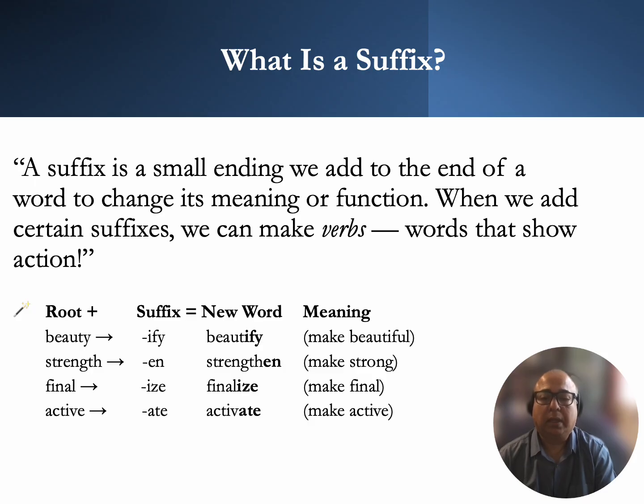Strength, another noun, and you attach -en to it, which is a suffix, it becomes strengthen, to make something strong. Final, finalize, make final. Active, activate, make active. So notice how these four suffixes change the meaning of the word they're attached to: -ify, -en, -ize, and -ate.